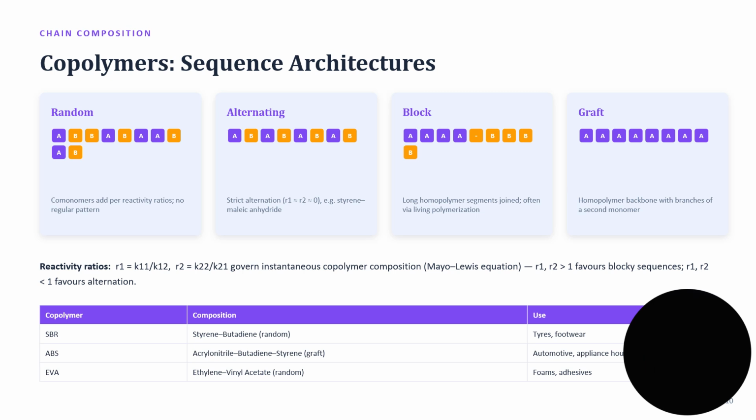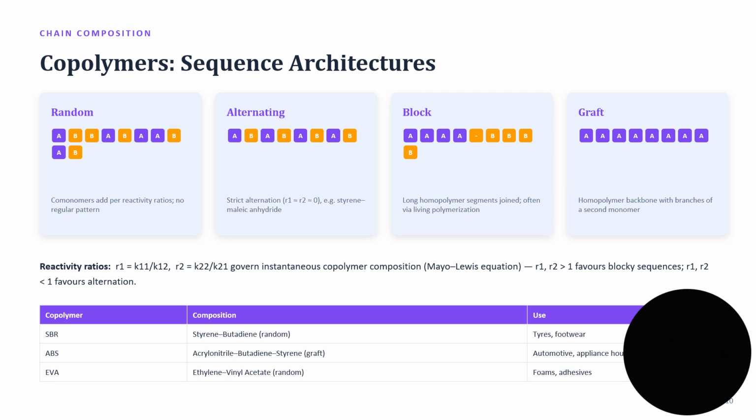Graft polymers have a homopolymer backbone with side chains made of a second, different monomer. The governing parameters here are the reactivity ratios r1 equals k11 over k12 and r2 equals k22 over k21, from the Mayo-Lewis copolymerization equation.